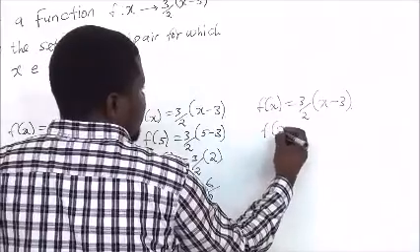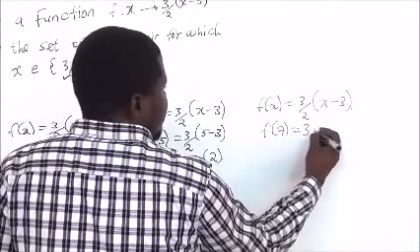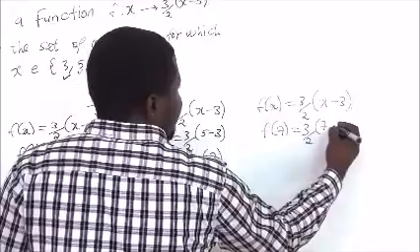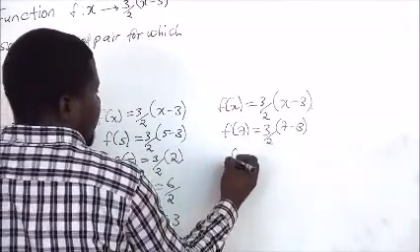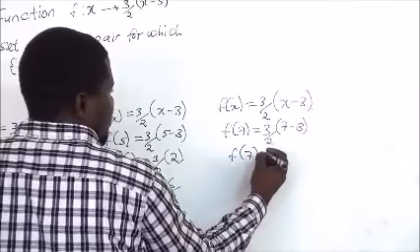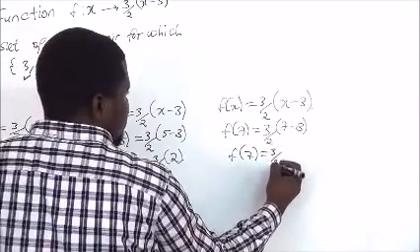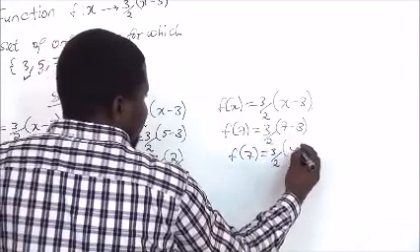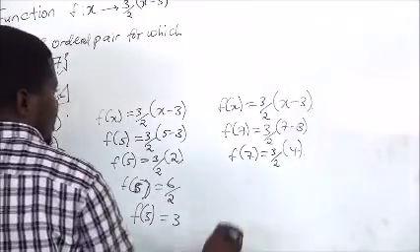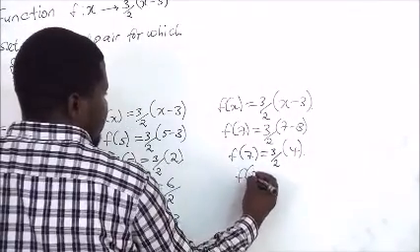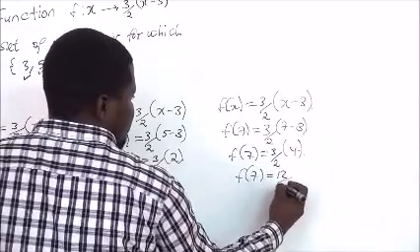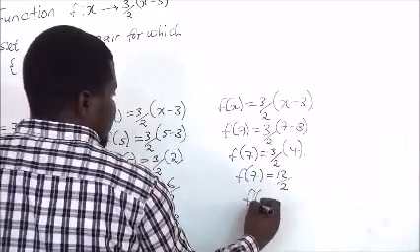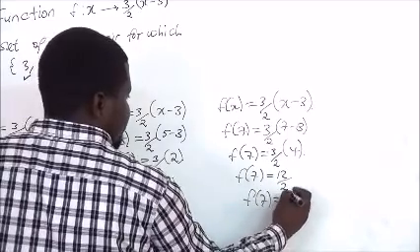And you say f of 7 is equal to 3 over 2, you're going to have 7 minus 3. The difference there is going to be a 4. And then we say f of 7 is equal to, multiply it by 3, you're going to have 12 over 2. And finally, this f of 7 is equal to 6.